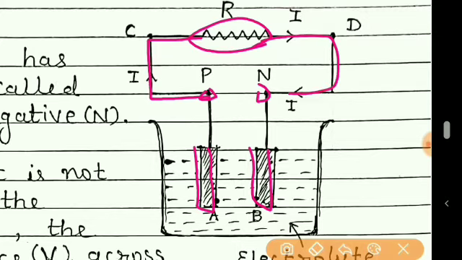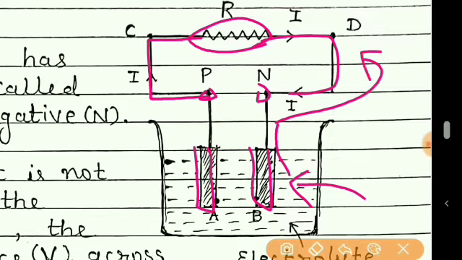So here the electrons flow in a circuit, and the energy for these electrons to move in the circuit is given by this chemical energy. So we can say that this chemical energy gets converted to electric energy.